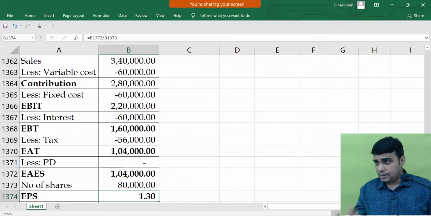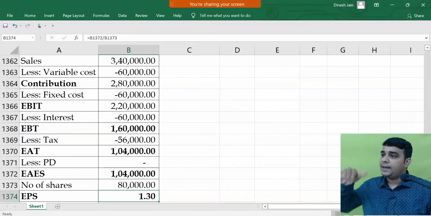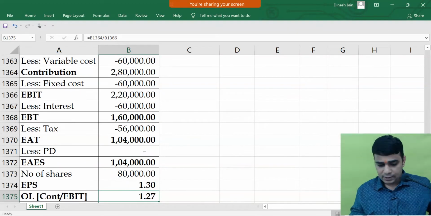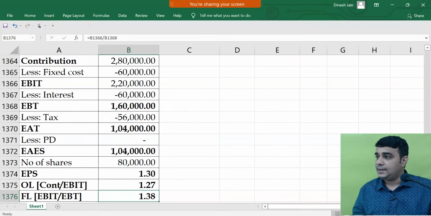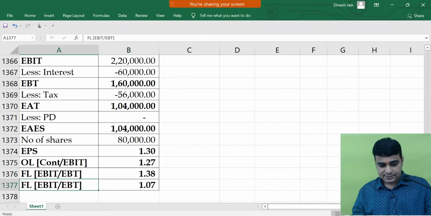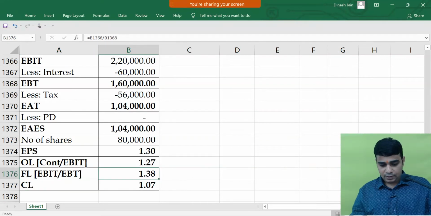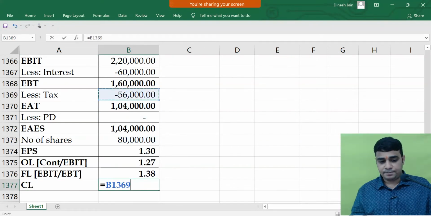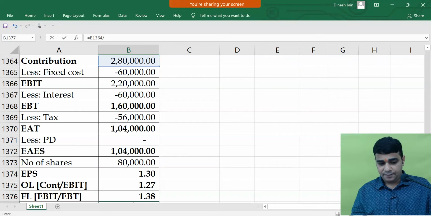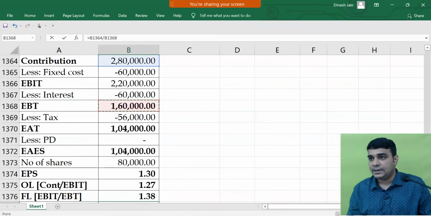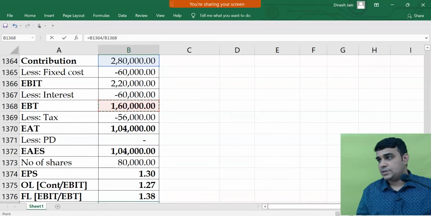Once this is done, OL is contribution by EBIT. FL is EBIT by EBT minus preference dividend, but that part is not there. So OL is 1.27. It's a formula driven area, so I don't want to spend much time there. FL is 1.38 times, and my CL is contribution divided by EBT, or operating leverage into financial leverage.